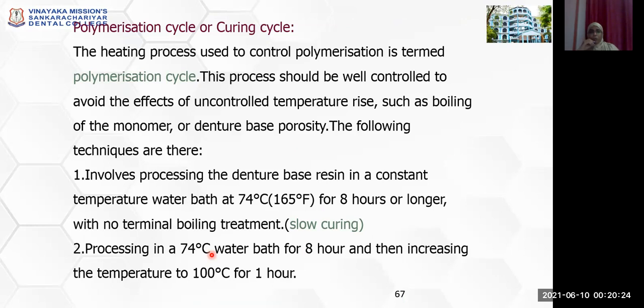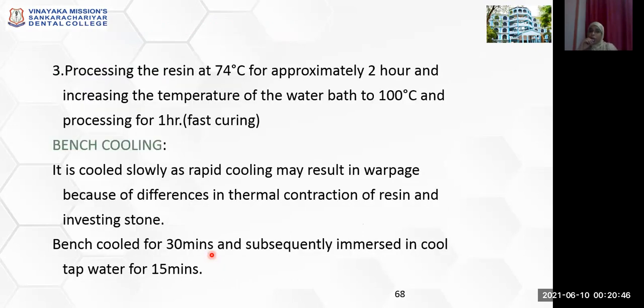In slow curing, you use a constant temperature water bath, say at 74 degrees Celsius. You heat it in that for 8 hours or longer with no terminal boiling. Or another method is, at 74 degrees Celsius you heat it for 8 hours and then increase it to 100 degrees Celsius for an hour.